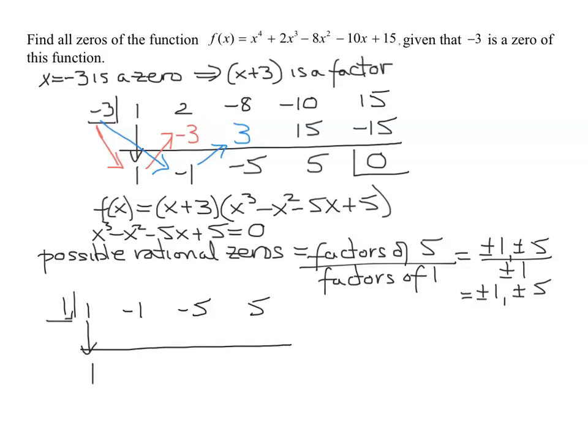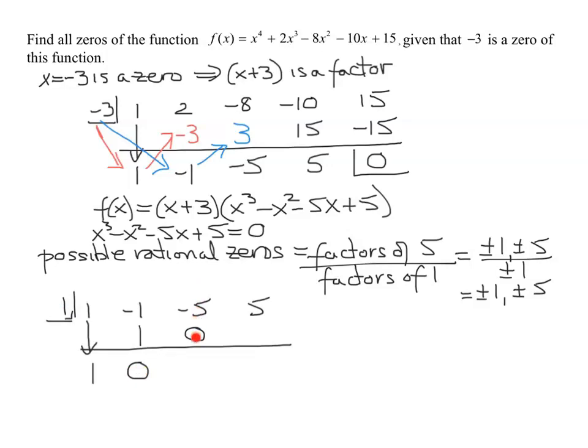Bring down the 1. 1 times 1 is 1. What is -1 and 1? It's 0. Then you do 1 times 0 is 0. -5 plus 0.